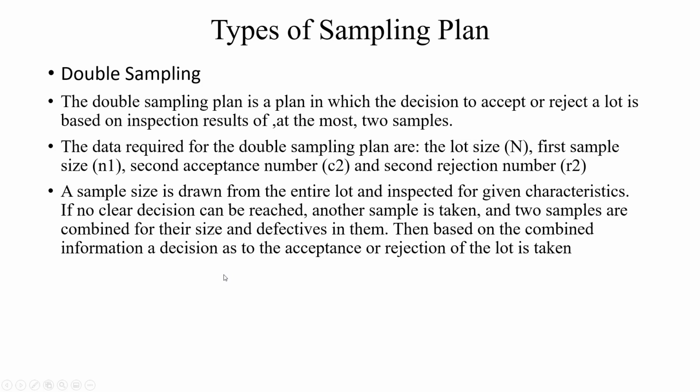If no clear decision can be reached, another sample is taken and the 2 samples are combined for their size and defectives. Then, based on the combined information, a decision as to the acceptance or rejection of the lot is taken. So we will not decide based on the first sample, but on the basis of the 2 samples. We will combine their results, the analysis, the defective numbers and the acceptance probability, and then decide.